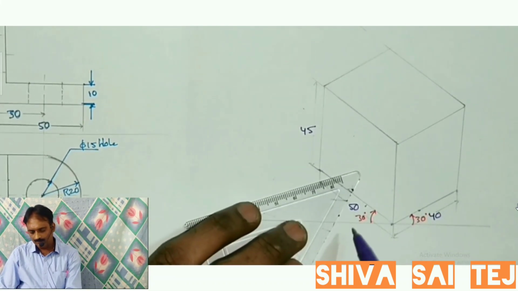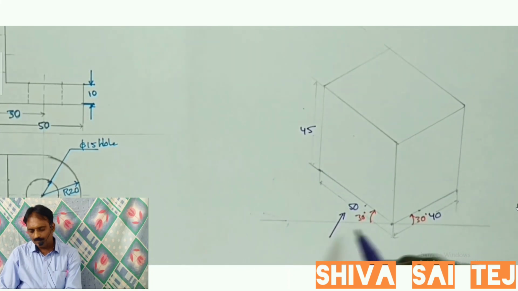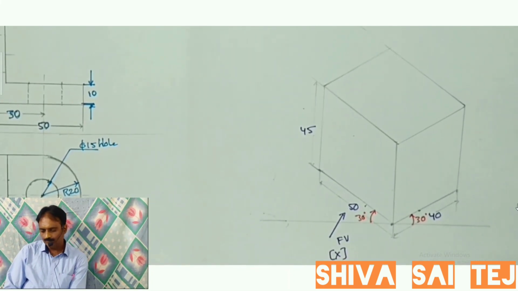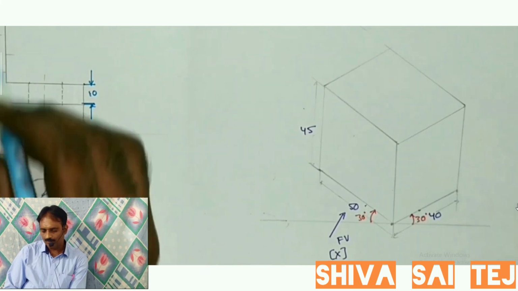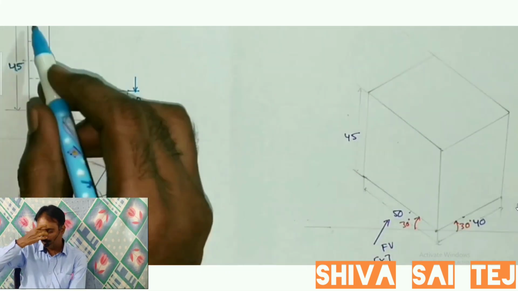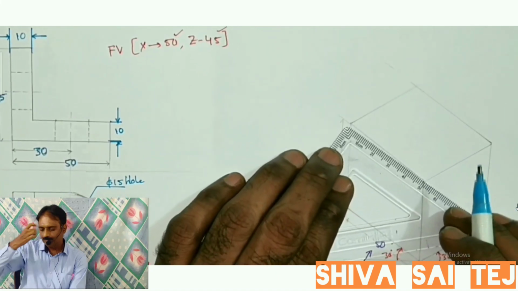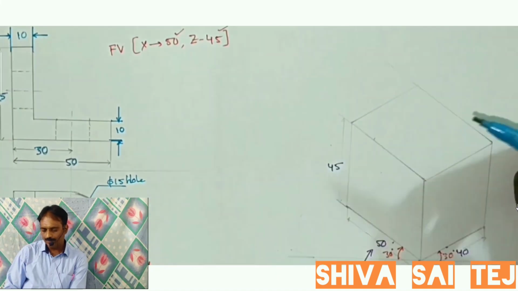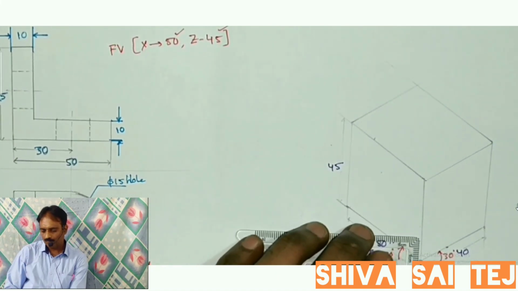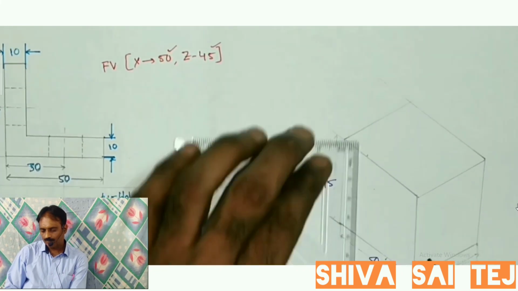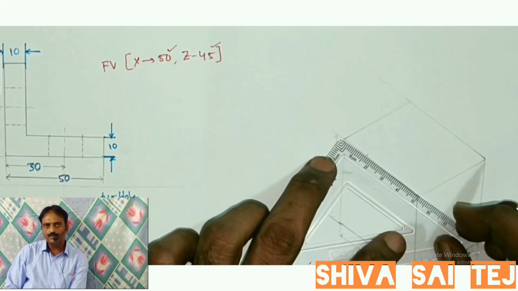Next, let us draw the front view which is given here onto the cuboid that we have constructed. I am drawing this shape here. The thickness is given as 10 units here.